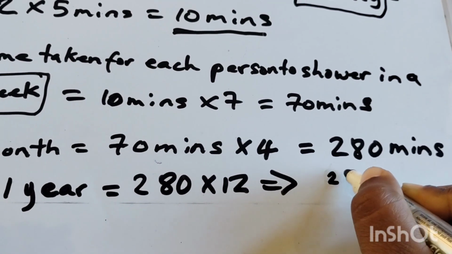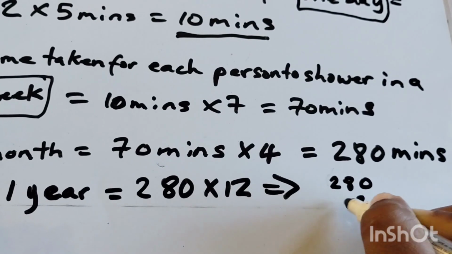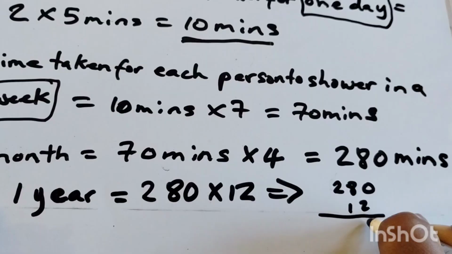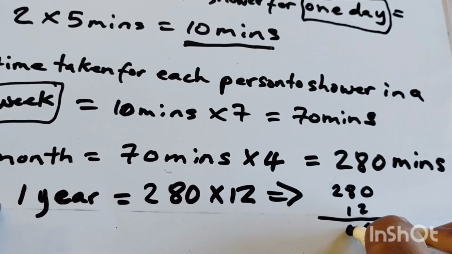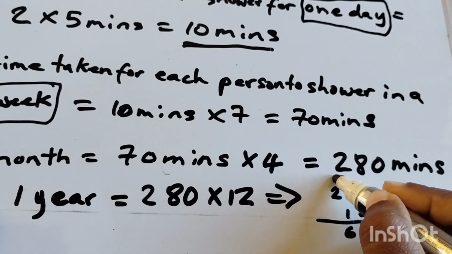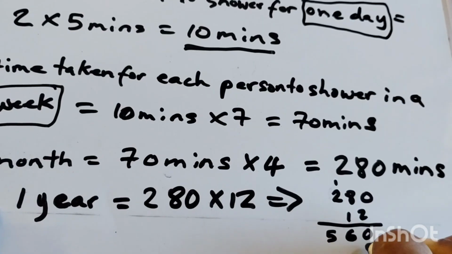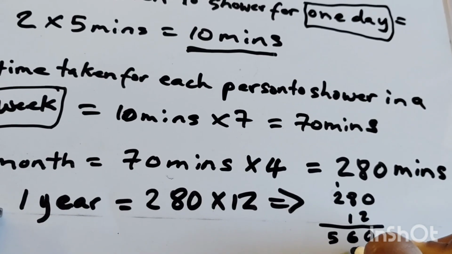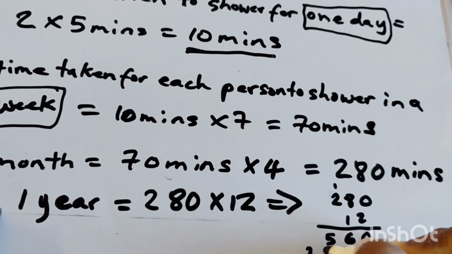So if there are 12 months within a year, and you know how many minutes it takes each person to shower within 1 month, do you think you can find out how long it takes them to shower within a year? Exactly. It would be the 280 minutes that it takes them to shower within a month times 12 months. And there the answer is.